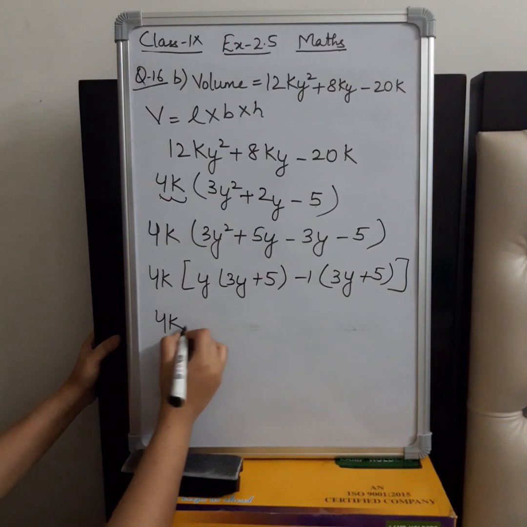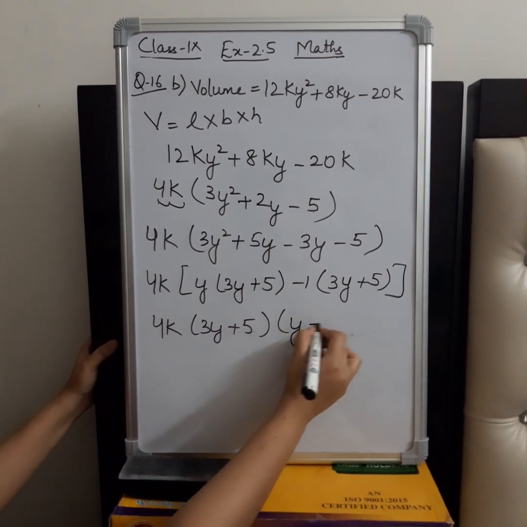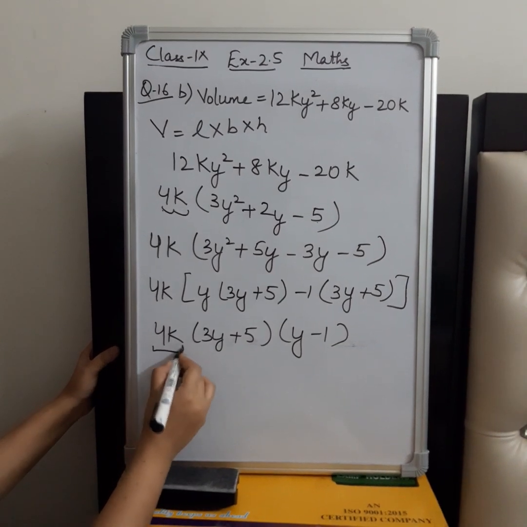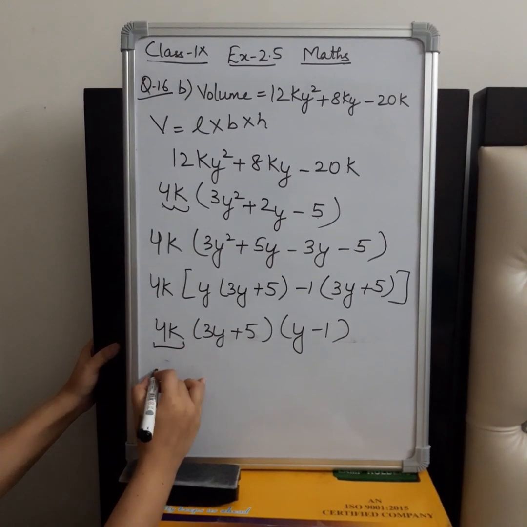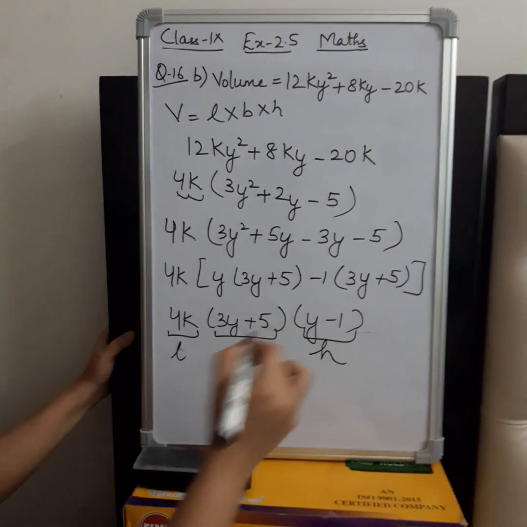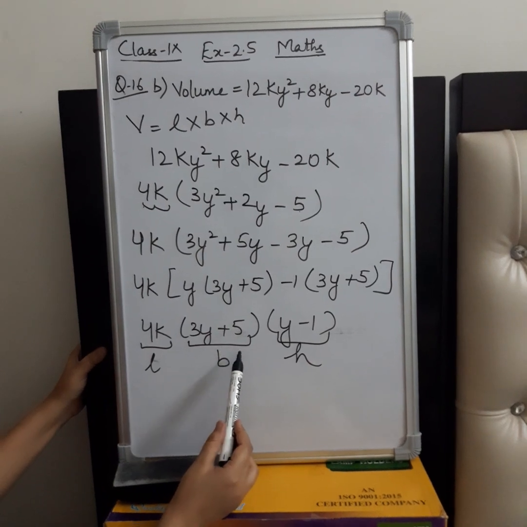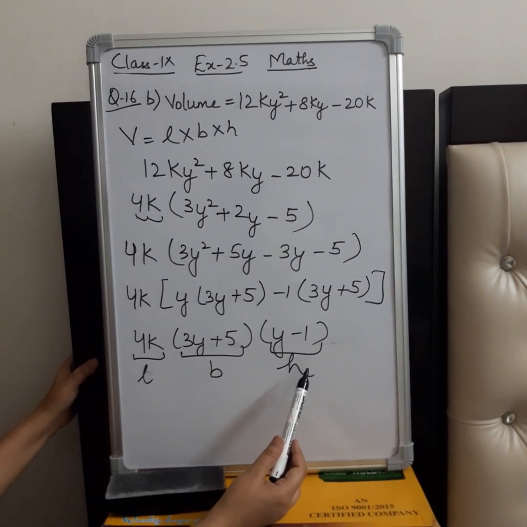So 4k as it is, 3y plus 5 and y minus 1. So this can be length, this can be breadth and this can be height. So these are our possible dimensions: 4k, 3y plus 5 and y minus 1.